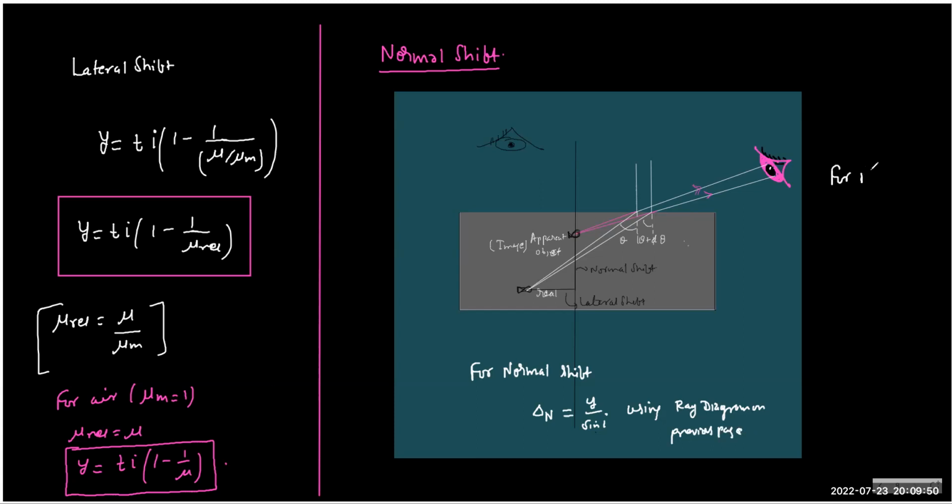So for near normal incidence, can I write delta n is simply y by i?